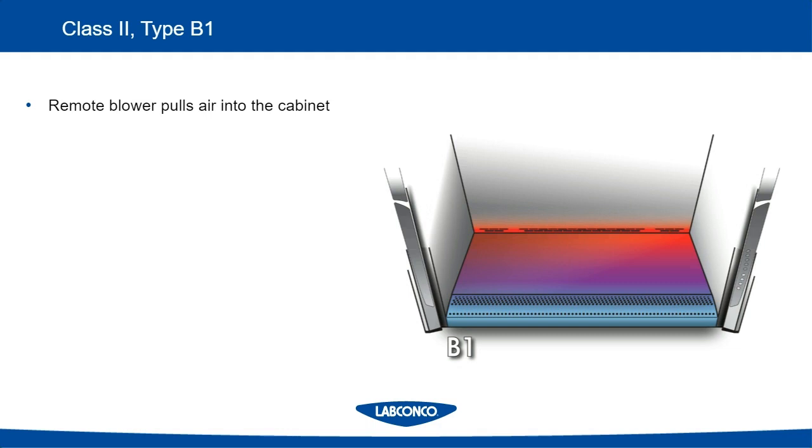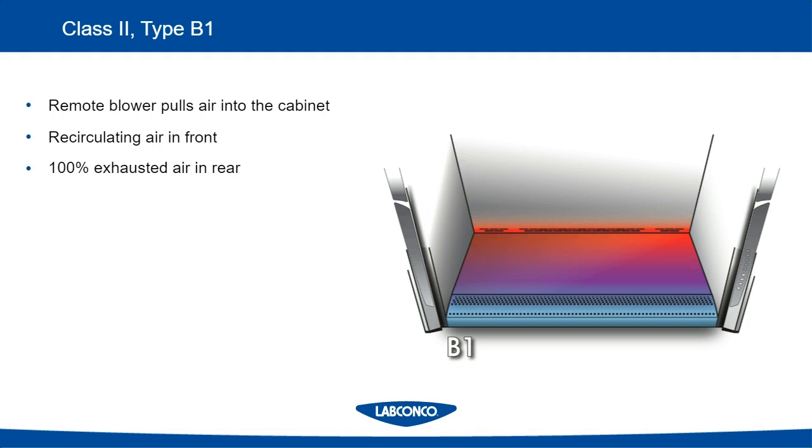However, a portion of the air is also what we call 100% exhaust, meaning that it's single pass airflow, and as that airflow moves through the cabinet, it's directly exhausted. Now, for a Class II type B1, that happens to be this red area in the back of the cabinet. That's where we are provided 100% exhaust from our chemical usage.